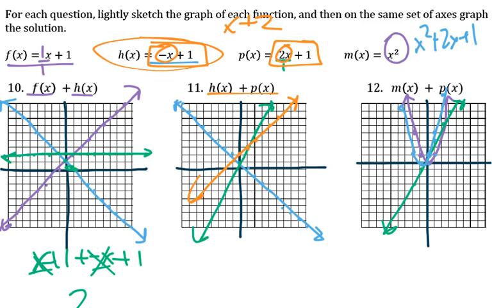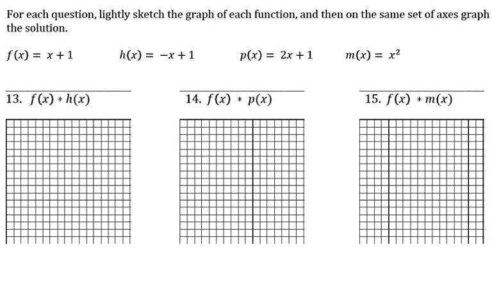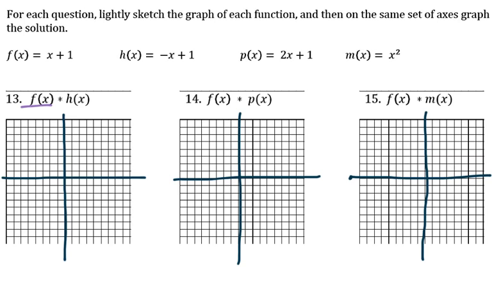Now let's see, notice that we're dealing with the same functions, but instead of adding them, we're seeing how multiplication changes things. So we'll make our x and our y axes. So f of x, we know, goes like this, starts at 1, then goes up 1 like that, to the left 1 like that.